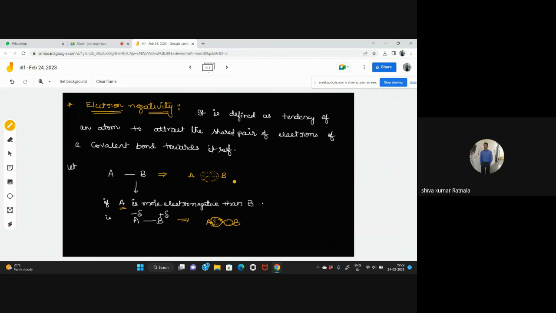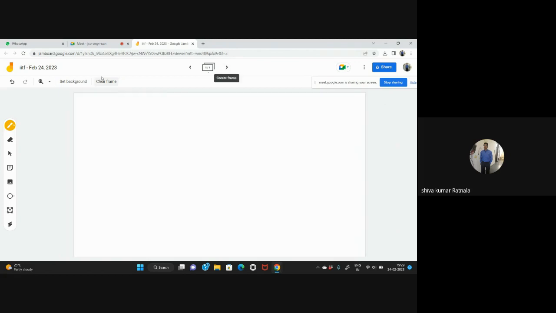Generally, electronegativity is a relative term only. We can use different methods to calculate it. Electronegativity of an atom can be calculated by using either the Pauling scale or the Mulliken scale.